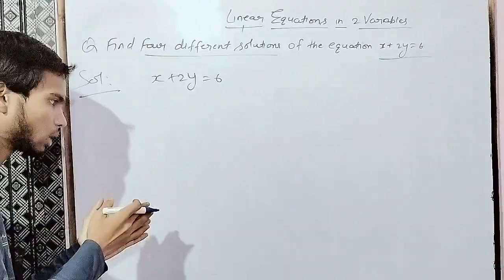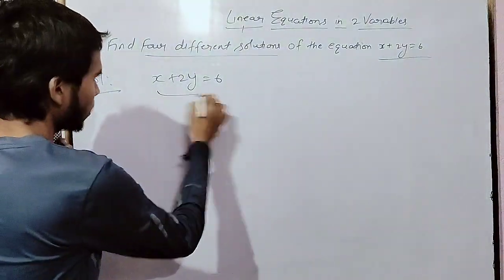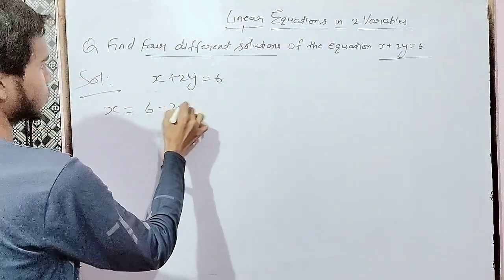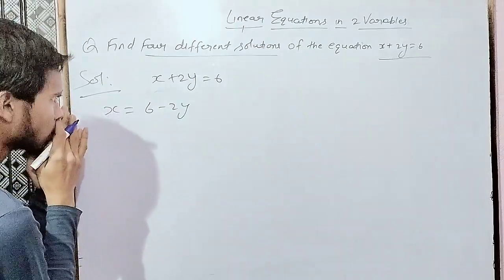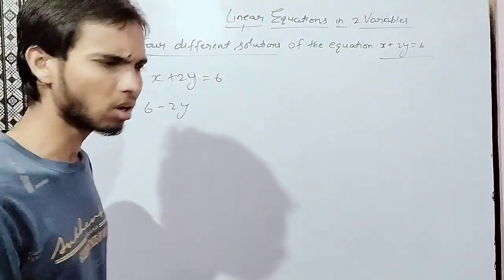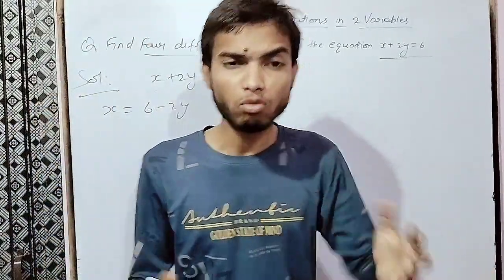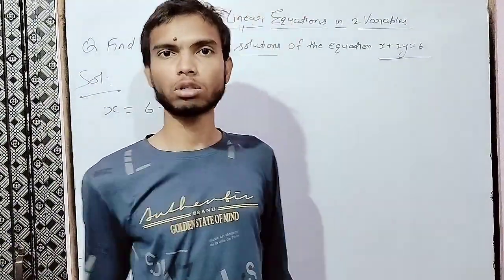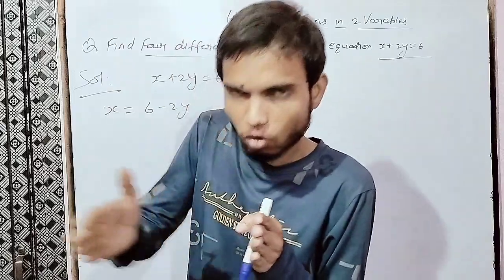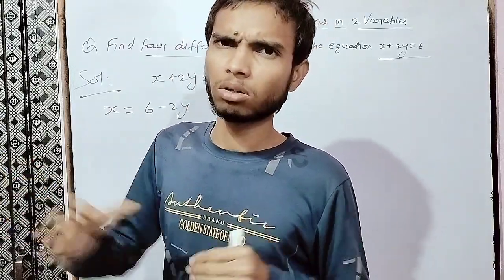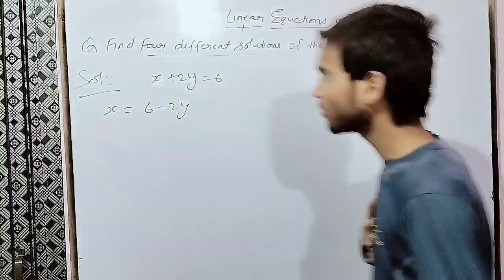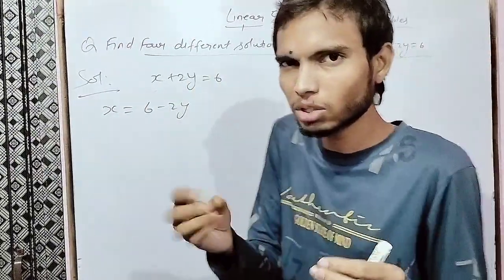Let's see. First of all, we are going to simplify it: x equals 6 minus 2y. Okay. Now here we will put the value of y from 0, because the question is to find four solutions. So we will start from 0 and then go where we want to go. When we have four solutions, then we will stop.